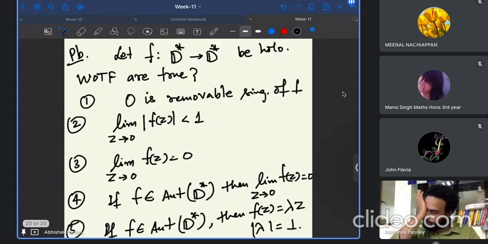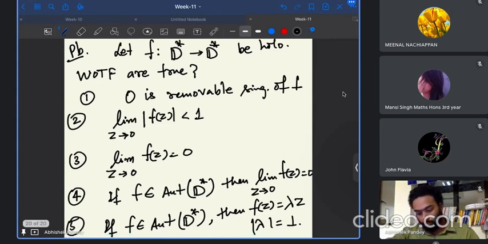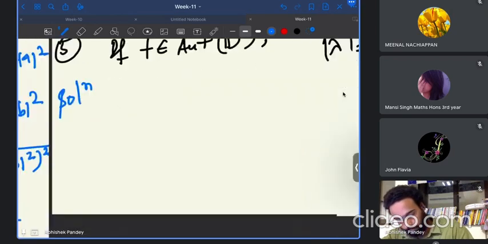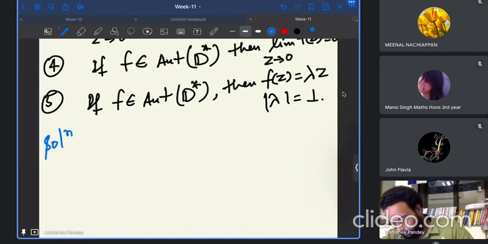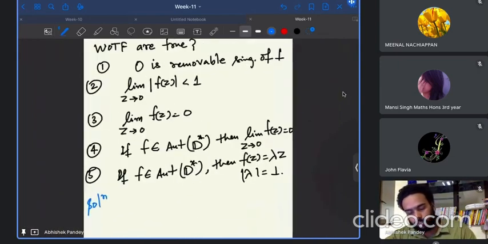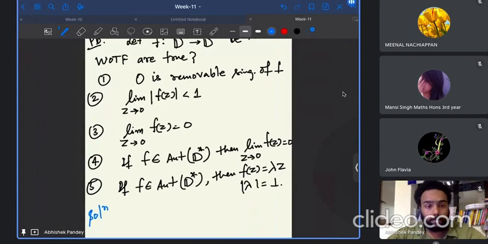So this problem basically deals with the automorphism of the punctured unit disk. Let us look at the solution. The first thing is clear. 0 is a removable singularity because in every neighborhood of 0, f will be bounded by 1.